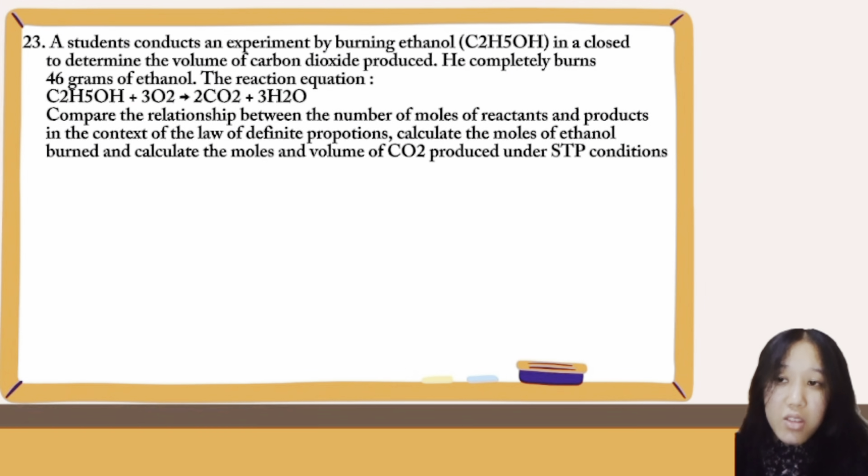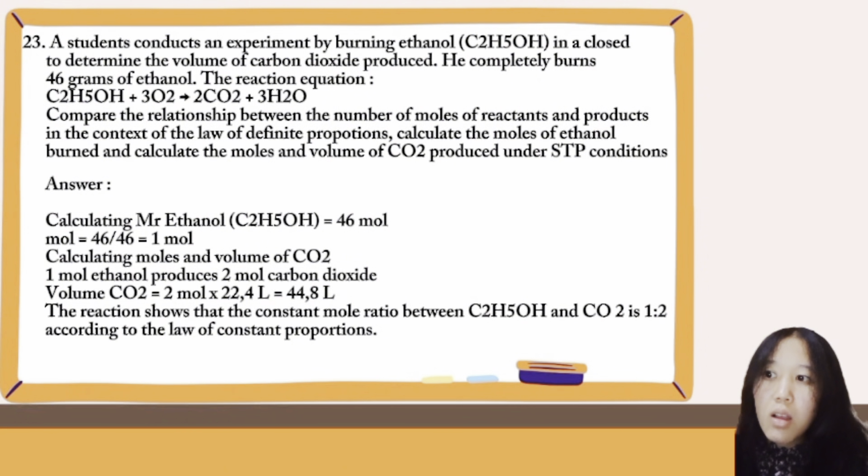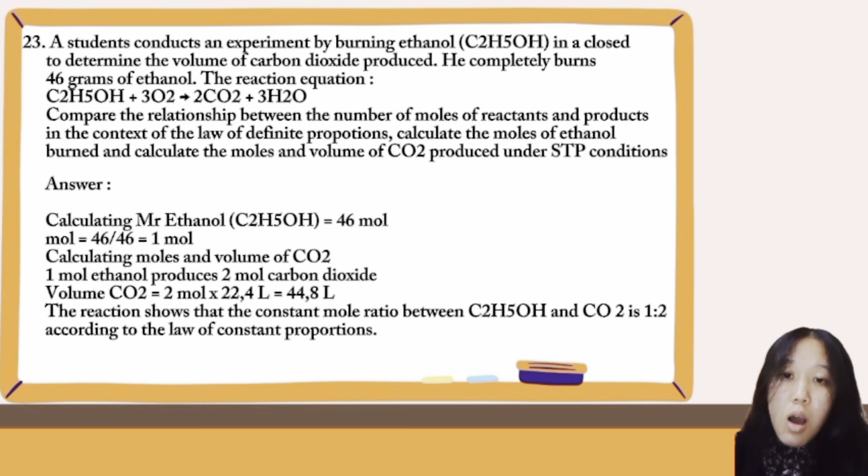Okay, let's discuss it. First, calculating the relative mass of ethanol is 49. Moles equal 49 divided by 49 is equal to 1 mole. Second step, calculating moles and volume of CO2.